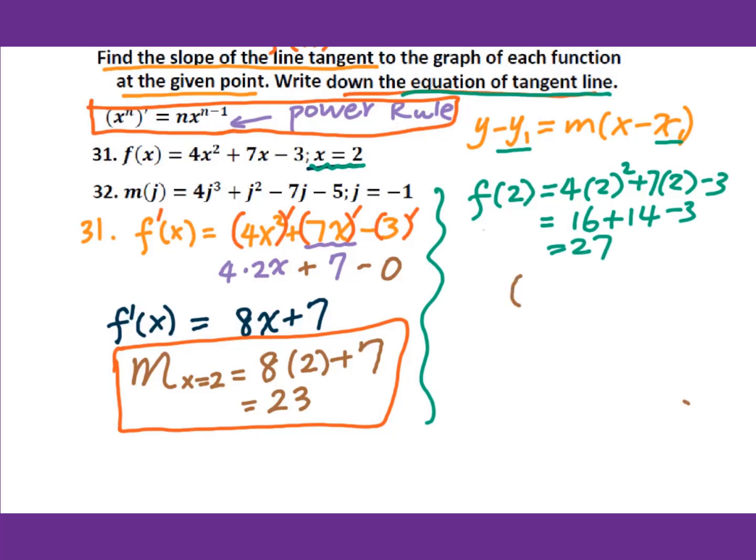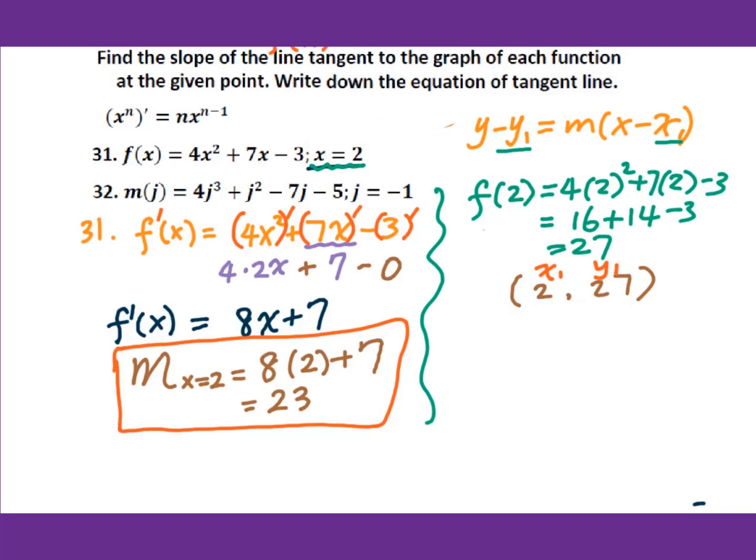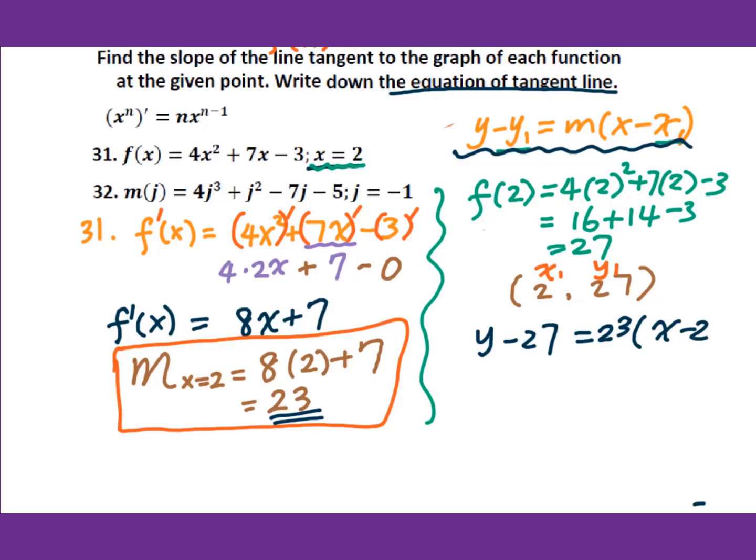In other words, (2, 27) is x1, y1. We use this formula to figure out the equation of the tangent line. We get y minus 27 equals the slope, 23, times x minus 2. This is the equation of the tangent line.